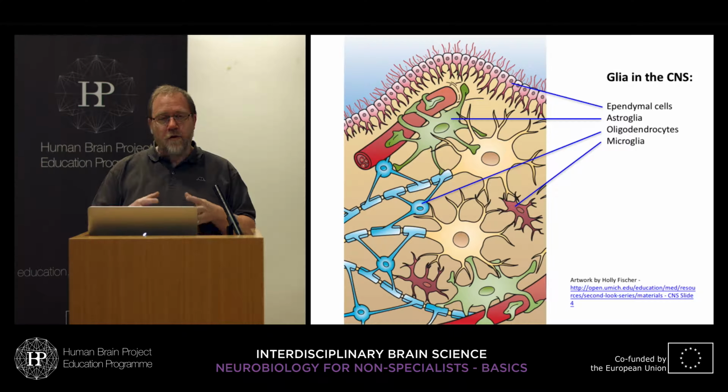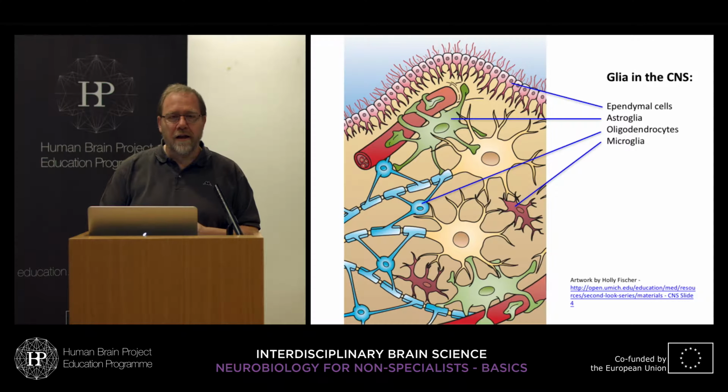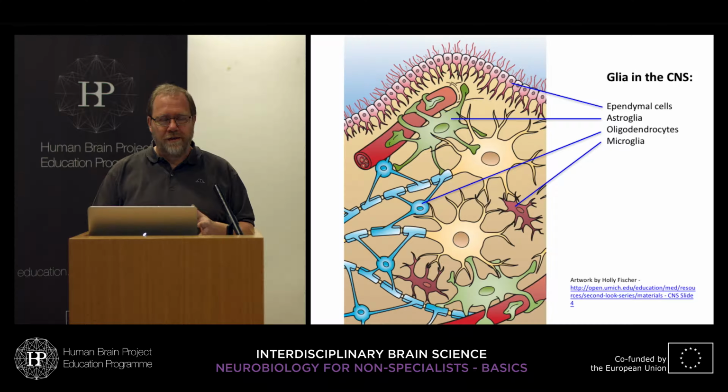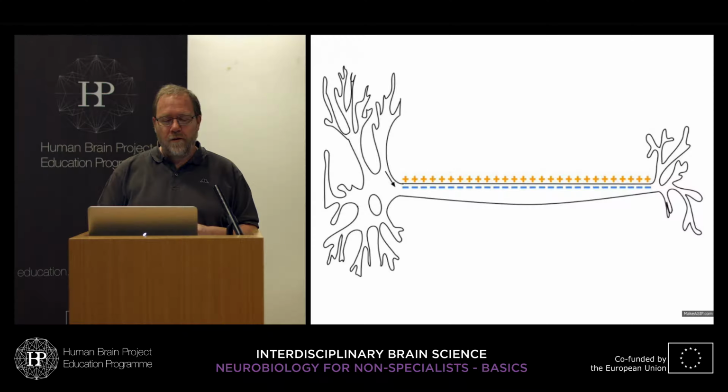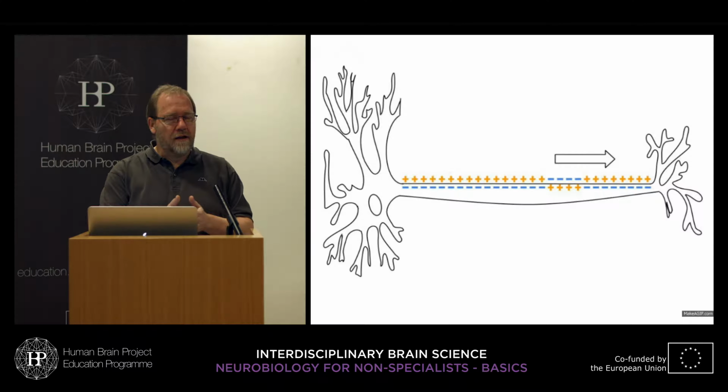So to get some intracellular signaling and some intercellular signaling, we need a number of channels, and we need a number of signaling devices. The first thing we want to look at is how a signal would run from the cell body to the terminal, so along the axon. What we see is that it's a row of depolarizations along the membrane.